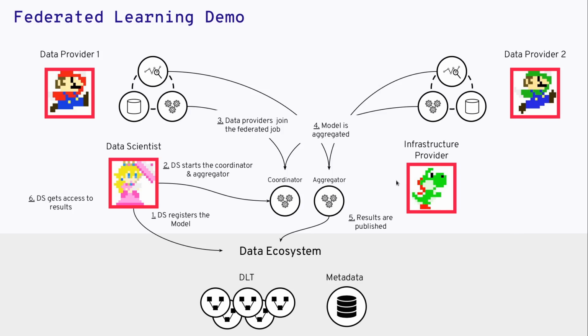It's similar to a data provider, except that it only provides computation and not data. And then we will have a data scientist that will basically pay for access to the data of both data providers and pay for the infrastructure provider for running the computations, and it will then fetch the results of the federated learning session.